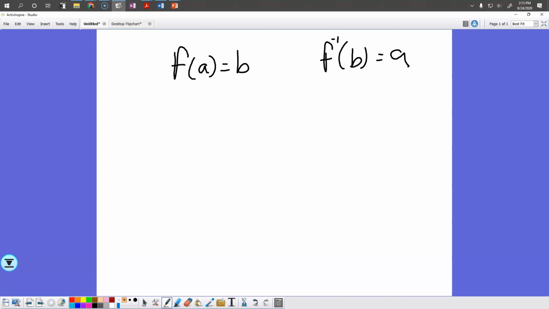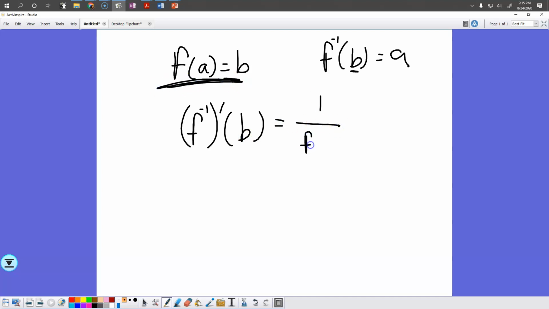Now, we've also talked about the fact that the slope of the inverse function, in other words, the derivative of the inverse function at b, is going to be the reciprocal of the slope of the f function at a, right?